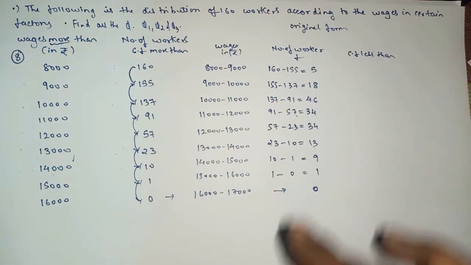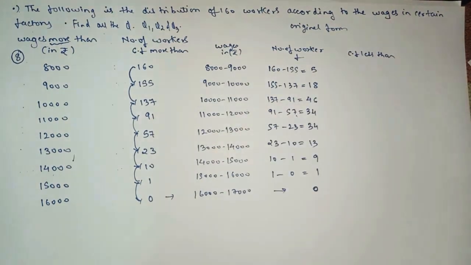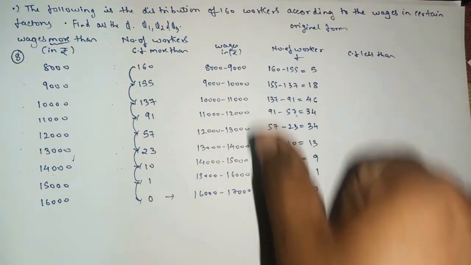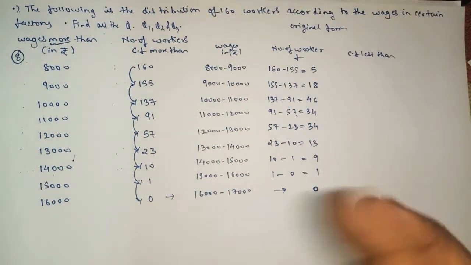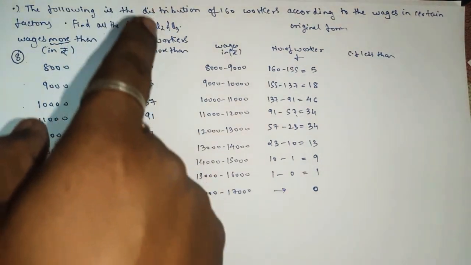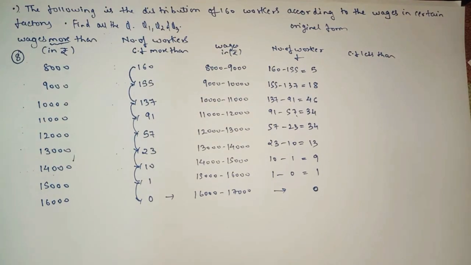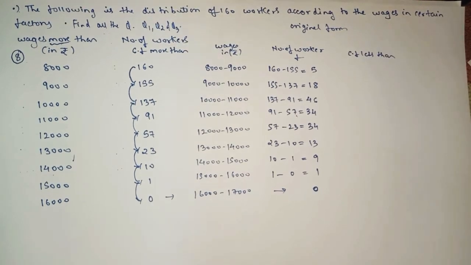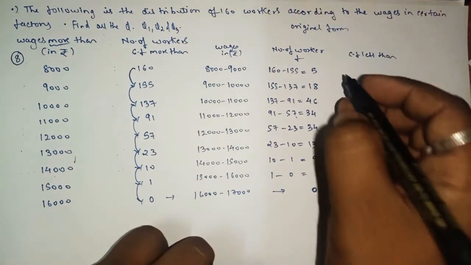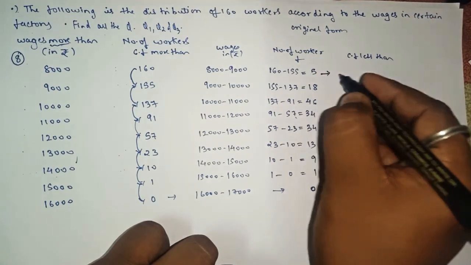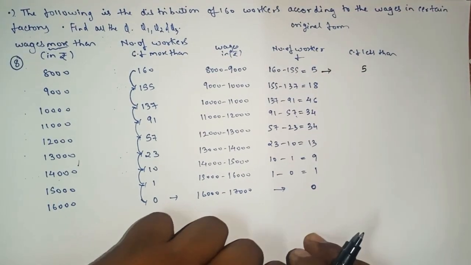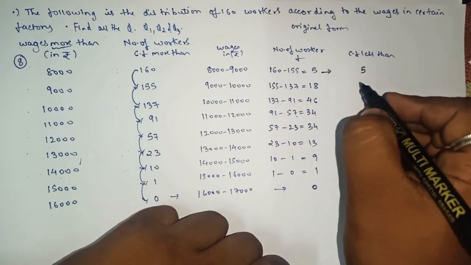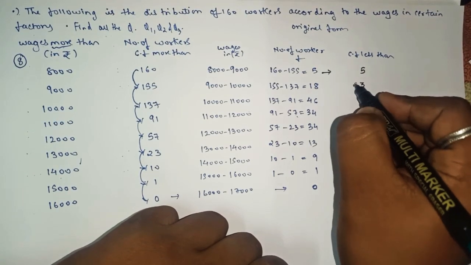So here we have to create our original table. First the class will come, then the frequency. I hope you all understood how to find your frequency with respect to the cumulative frequency. And for the last part, you might know how to find your cumulative frequency. The first number will be the same as it is, yes or no? 5. Then go on adding, 5 plus 18, 23.